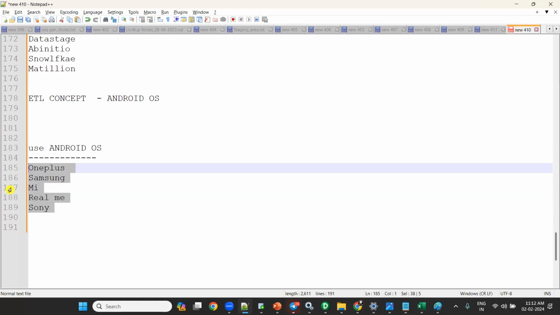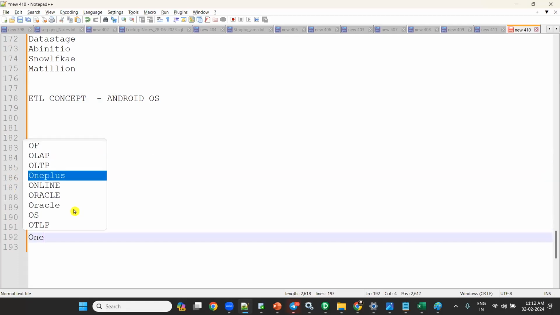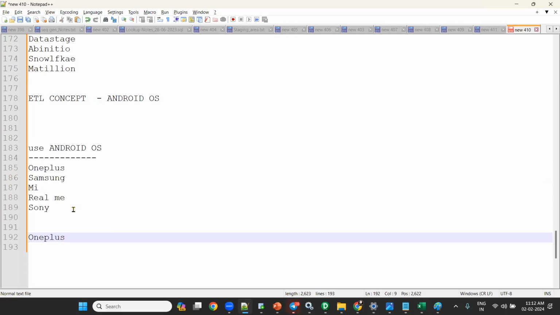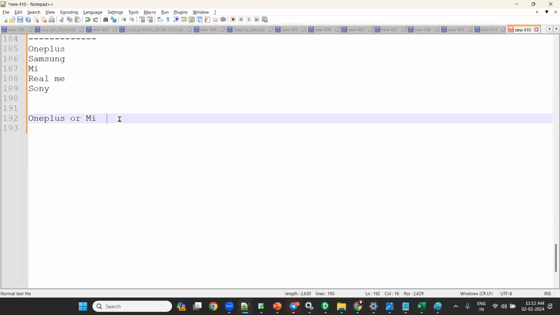Suppose anybody asks me, is OnePlus good or MI good, or Realme? Which one is good, guys? In some terms OnePlus is good, in some terms Realme is good.